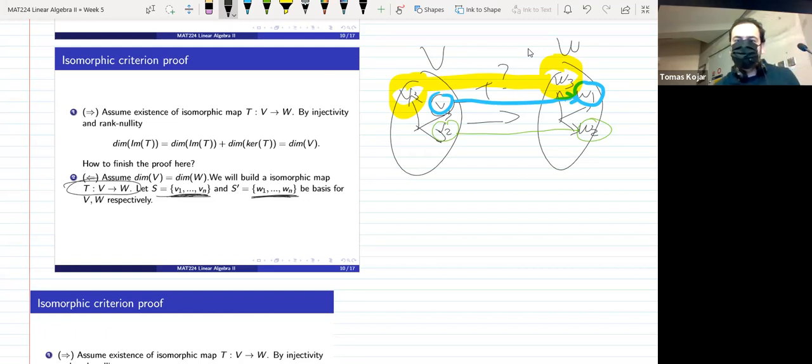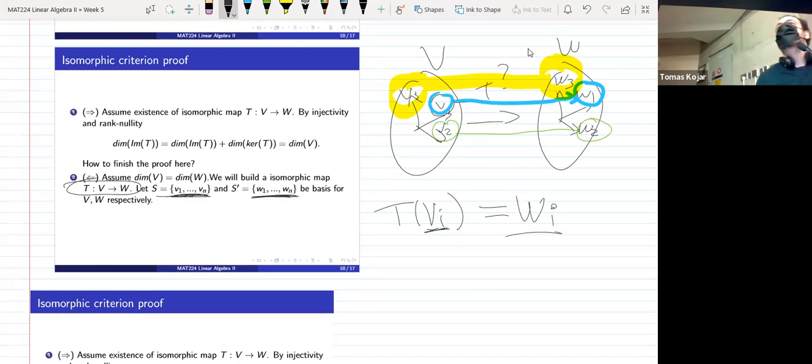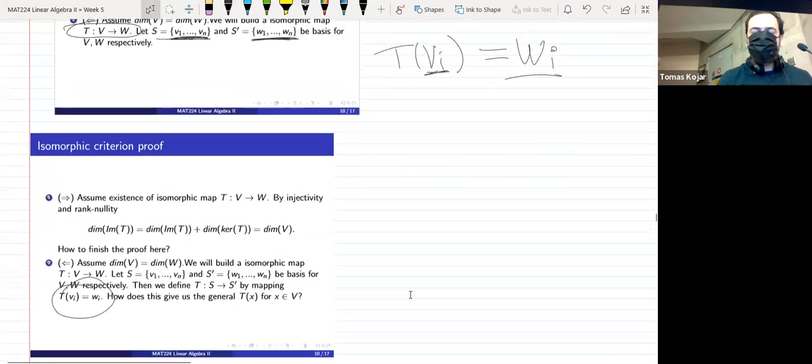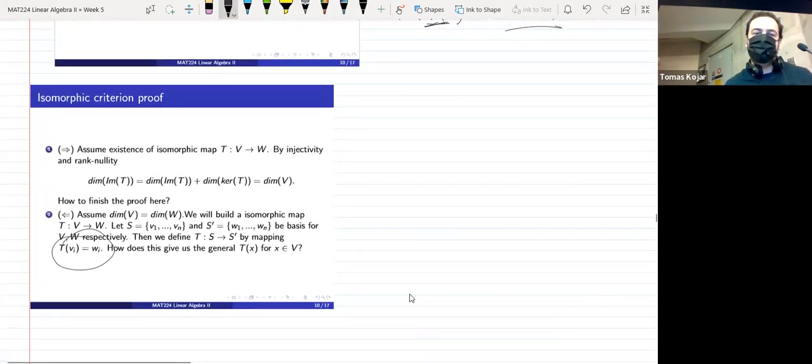So T, you define the function to be sending the vi's to the wi's. Now I just told you how to map the basis, but we want more than that. We want to define our map for all x in V. So how can I define my x?